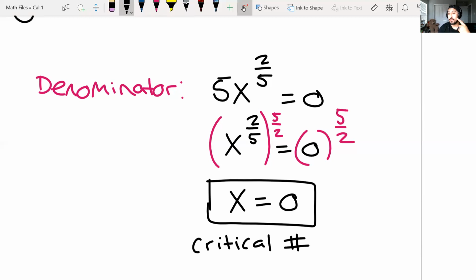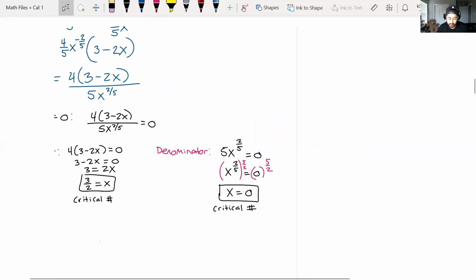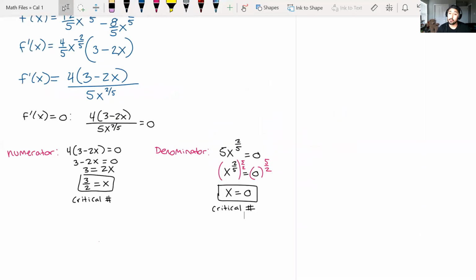There is one thing to notice though. Yes, we're just solving for critical numbers. So 0 and 3/2 are my critical numbers. At these numbers is where maximum and minimums could exist. But we also have to note that for this derivative, can x actually be equal to 0?